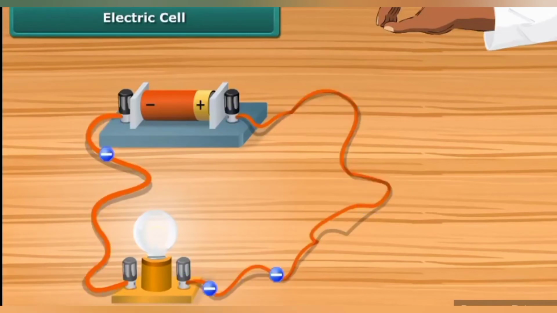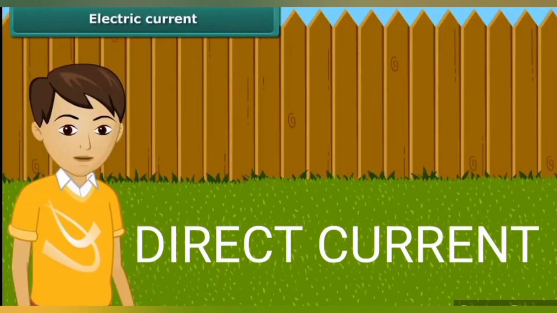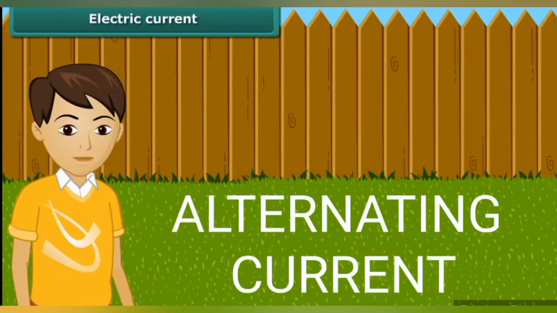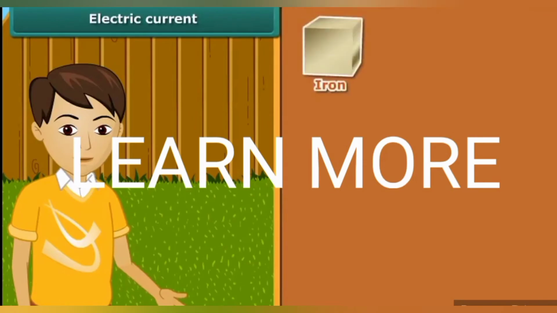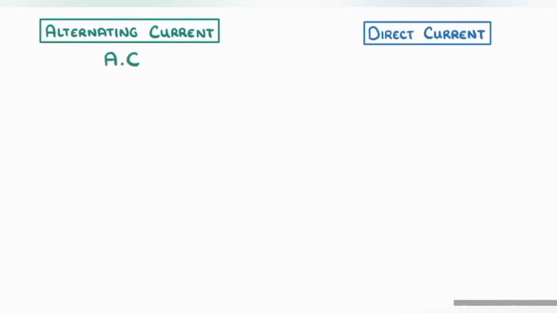So when current flows in one direction from the negative terminal to the positive terminal, it is called direct current. But if the current flows to and fro, forward and backward continuously, it is called alternating current. I want you to watch this video and learn more about alternating current, AC, and direct current, DC.